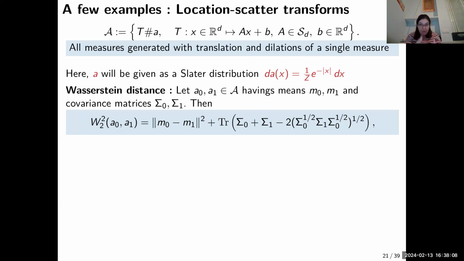Then you can have very simple expressions for the Wasserstein distance between two such probability measures, which can be explicitly expressed by using the means and the covariance matrices of these location scatter probability measures. And so you've got an analytic formula for this Wasserstein distance.